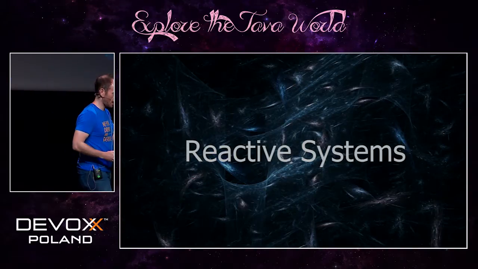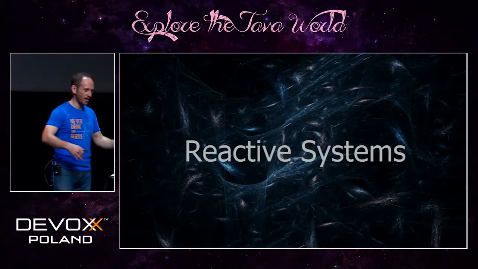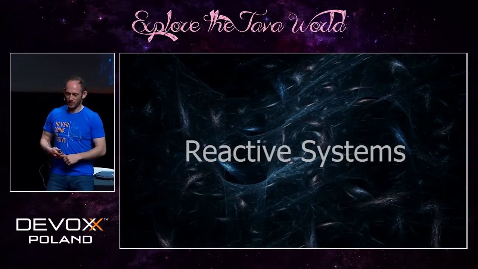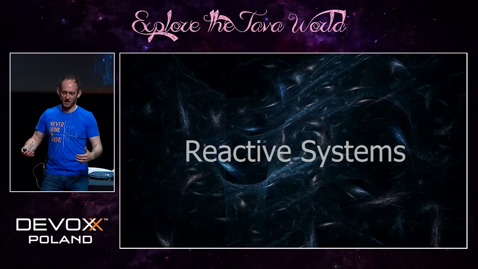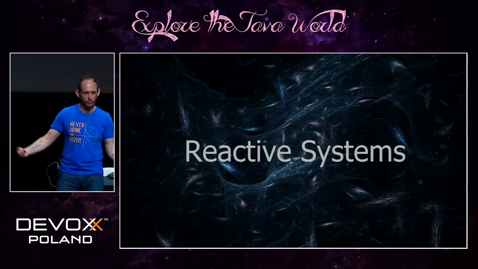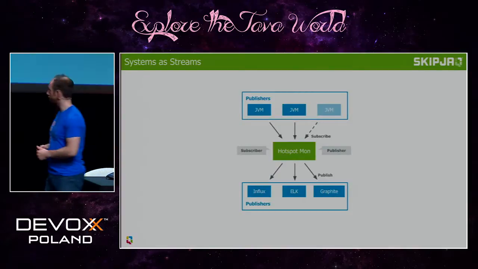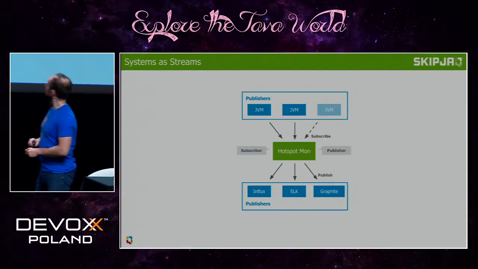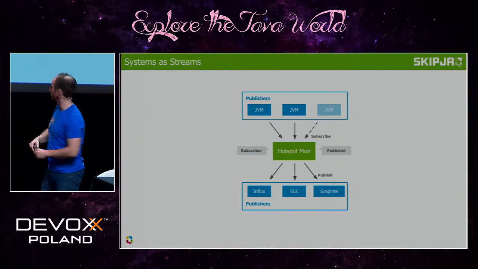And I don't want to get too deep into what those principles are right now, but let's have a quick jump ahead. Reactive is the idea that you can model things as publishers of data and consumers of data. So it's really streams and consumers of streams. So here's a simple kind of system that I have built, and we're going to see the code for this later on.